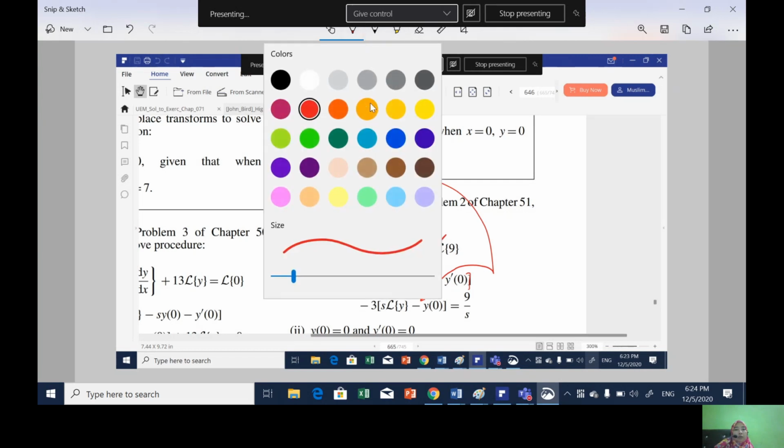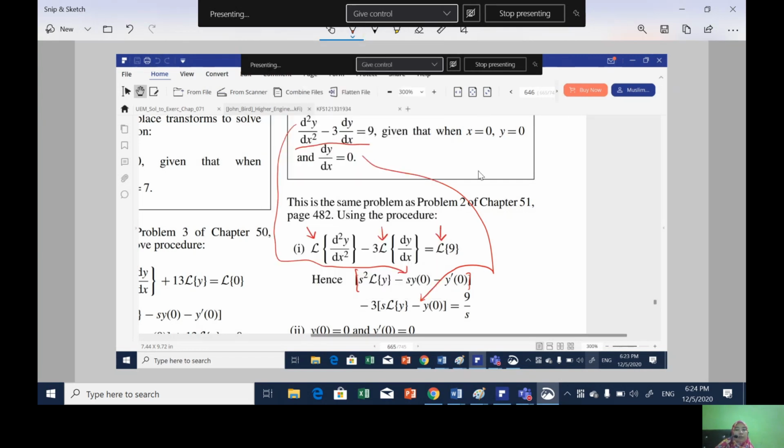Now, similar to the previous example, initial values are given: y(0) = 0 and dy/dx is 0. So this means that this can be simplified. When x is 0, y is 0. The dy/dx means y prime, so this part will remain 0 also. Therefore, we have this part left. For the first ODE, this one will be 0, then we have -3 times s left.